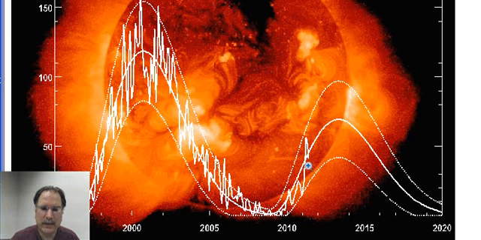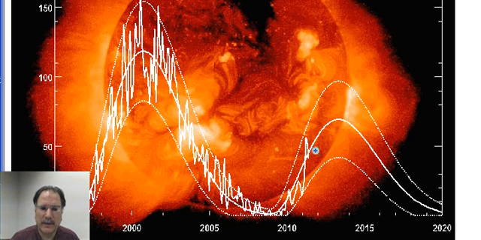Now we are headed towards a solar max. It looks like the solar max will occur around the middle part of 2013 or so, and there are some theories that suggest that because the minimum was so extensive, it'll actually reduce the solar maximum. In fact, here we have a projection of a solar maximum that is a little bit less intense than the last solar maximum back around 2000-2001.